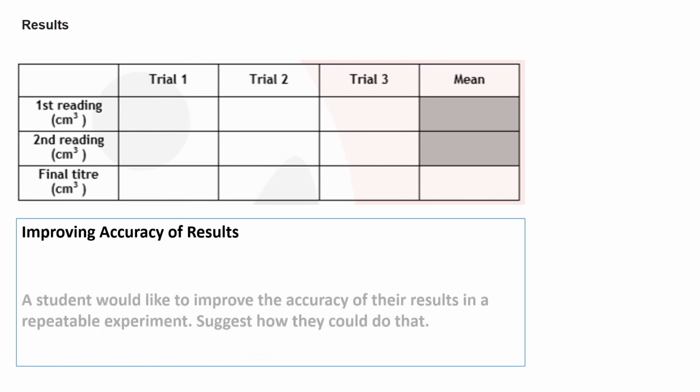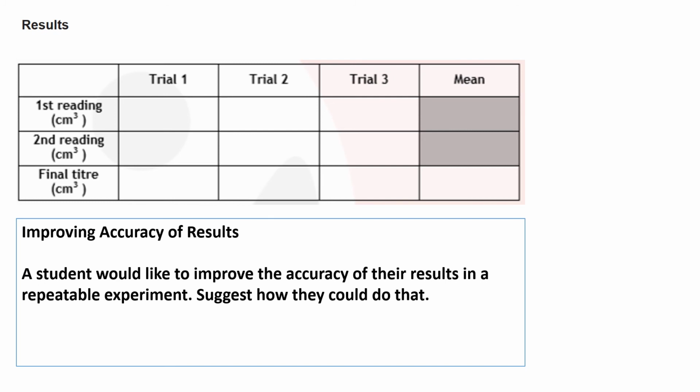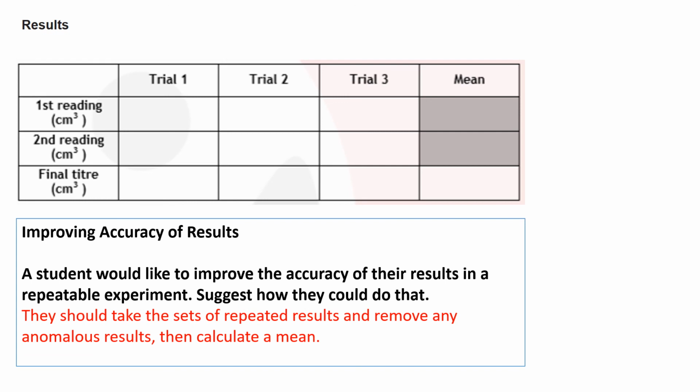So we could improve the accuracy of our results by repeating it, okay? And we could improve the accuracy of our results by also making sure we don't involve something called parallax error. So by making sure our eye is at eye level to where the acid or the alkali is in the burette, right?